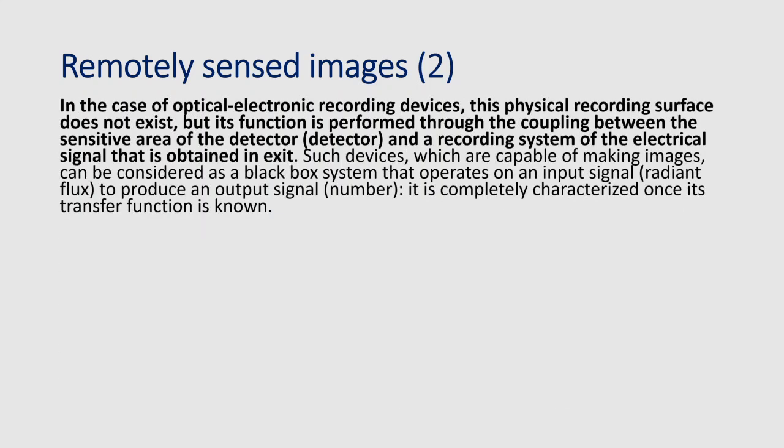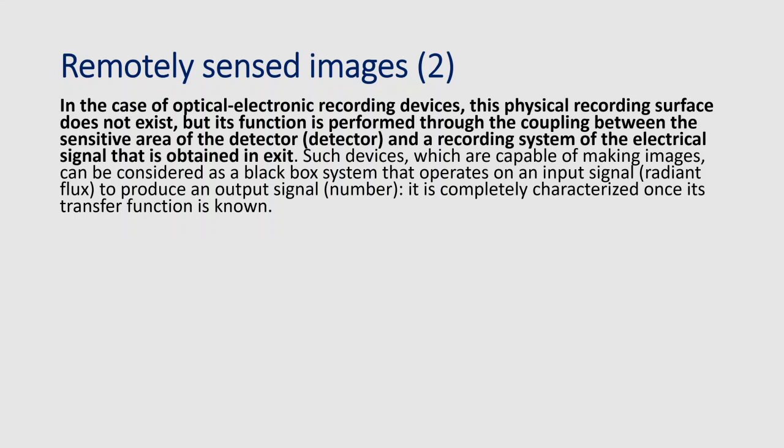In the case of optical electronic recording devices, this physical recording surface does not exist, but its function is performed through the coupling between the sensitive area of the detector and a recording system of the electrical signal that is obtained in output.